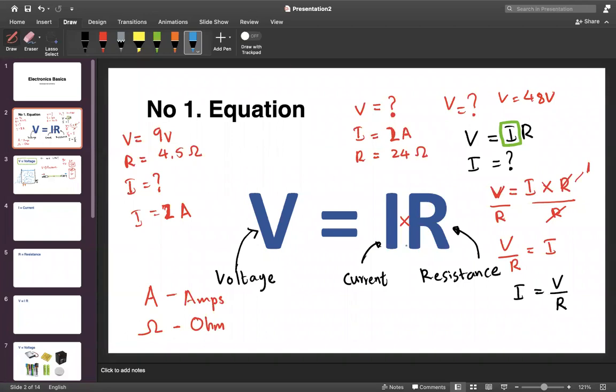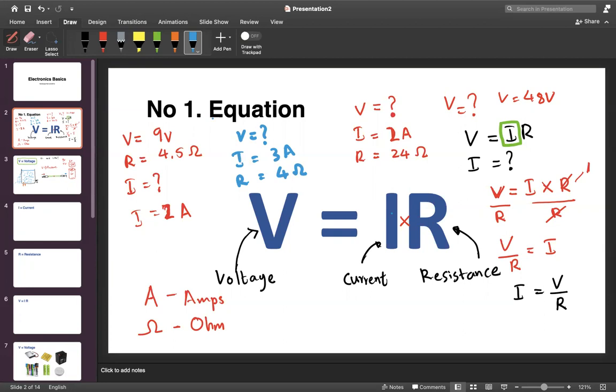If I want you to find voltage, and I'm giving you the current as 3 amps and the resistance as 4 ohms, can you find V for me, Himal? This is the equation. What is V?